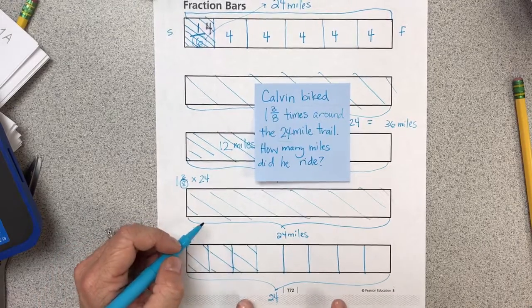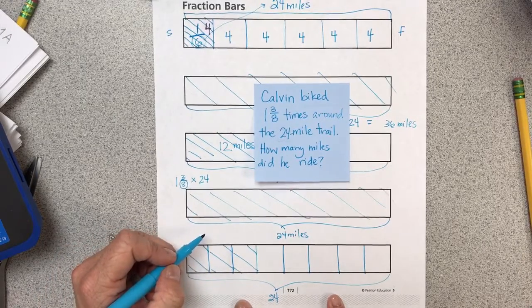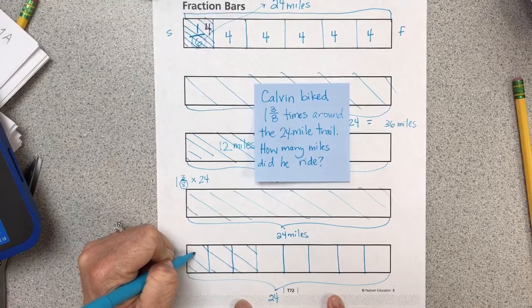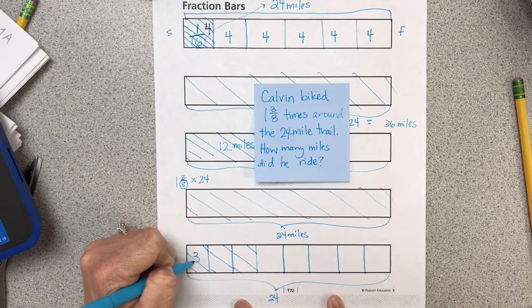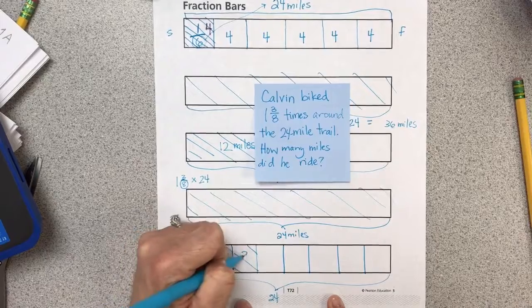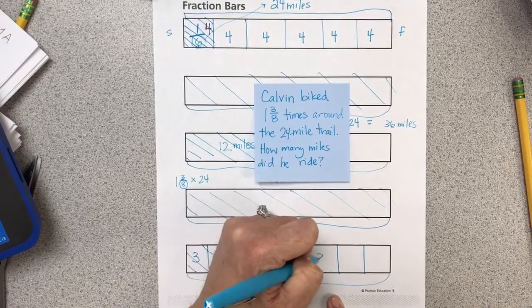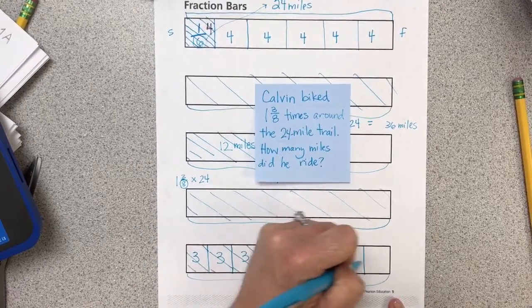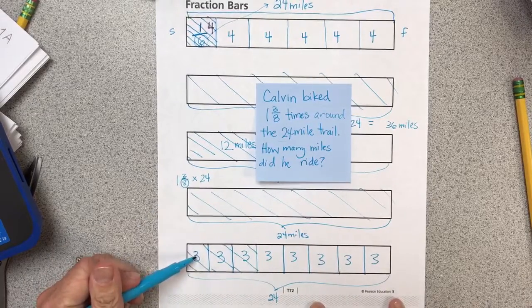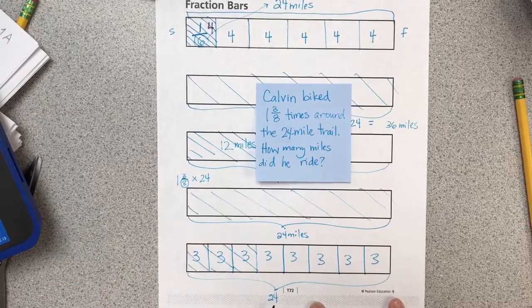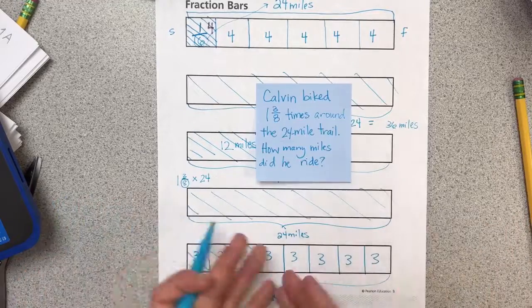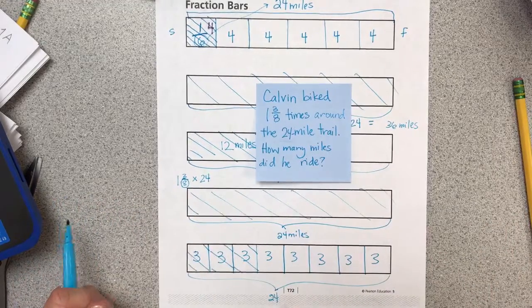And I can hear you screaming right now. Yes, it is 3. 3, 3, 3, 3, 3, 3, 3, 3. And just to check, 3 times 8 is 24. So if we multiplied that or added them all together, we get 24.